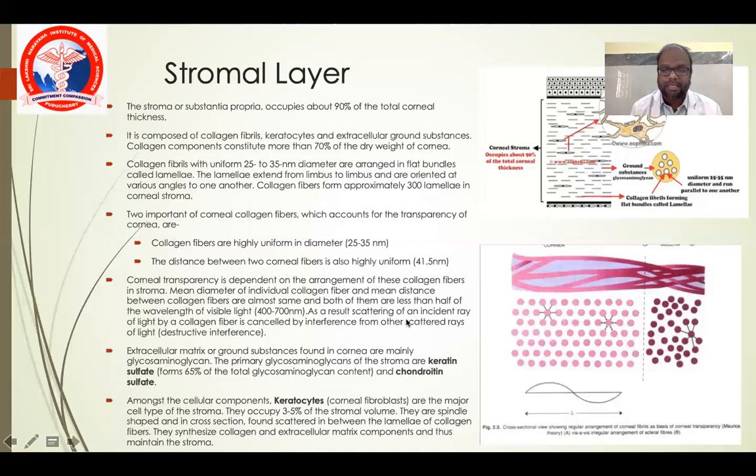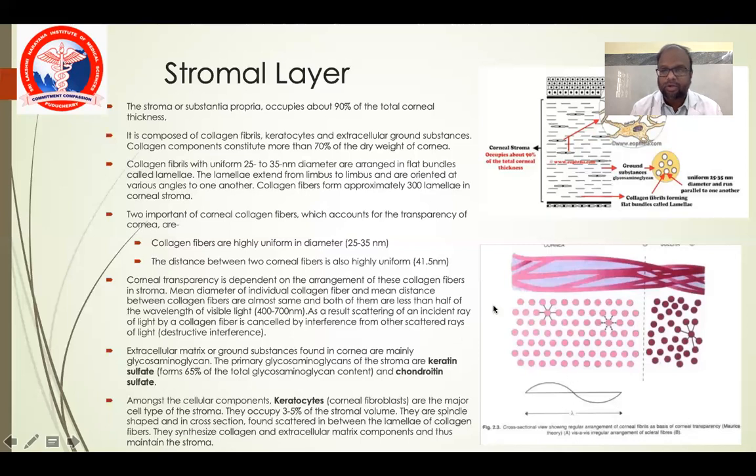Okay, so the scattering of the incident ray of light by the collagen is cancelled by destructive interference. That is why you don't get any smudging or any halos or rings around the object we see, because of the destructive interference. Okay, now these collagen fibers are laid in an extracellular ground matrix.